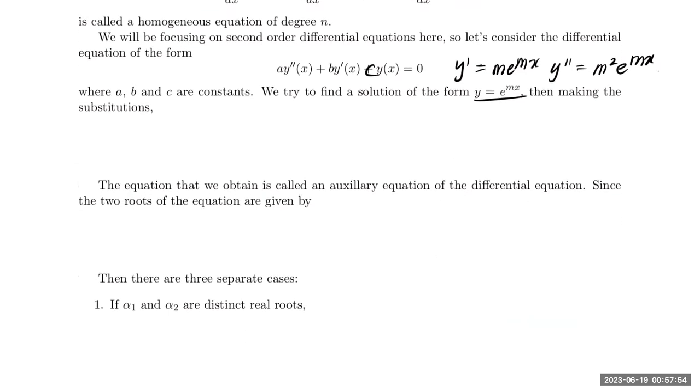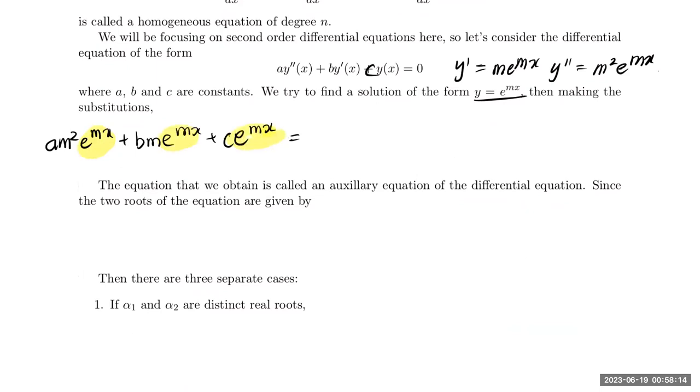Well, we see that if we have a m squared e to the mx plus b m e to the mx plus c e to the mx equal to 0, we're going to common factor out the e to the mx.